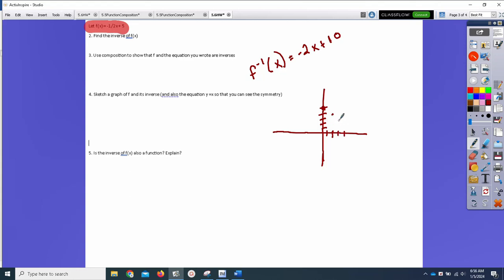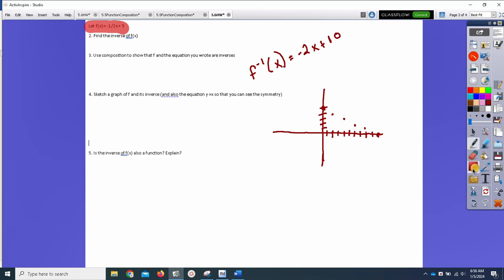Fall 1 and run 2. It should cross the x-axis at 10.